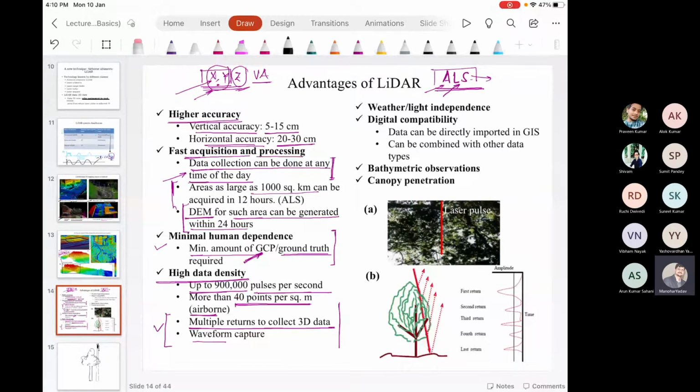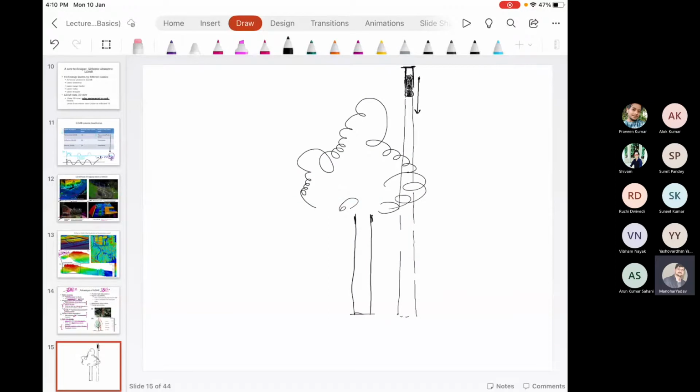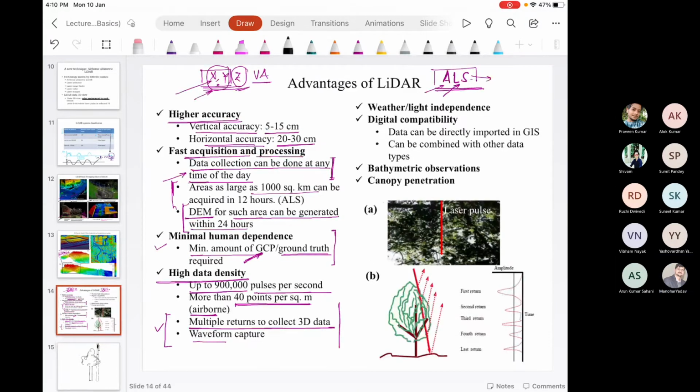As you see, this diameter is very small, and this laser beam finds enough gaps within the canopy to propagate towards the ground. So this light energy finds enough gaps within the canopy to penetrate and go deeper toward the ground.